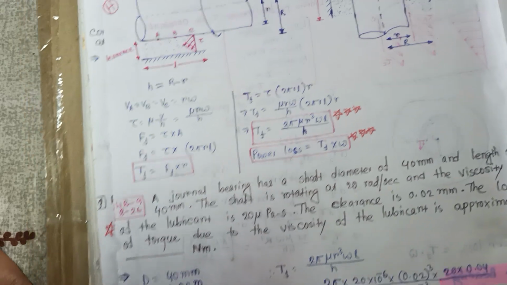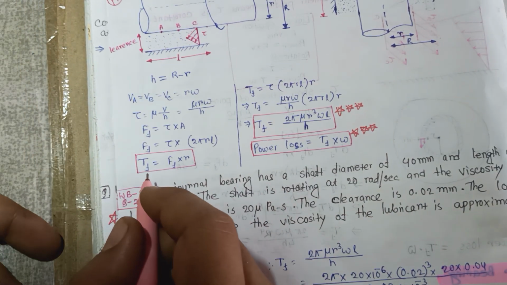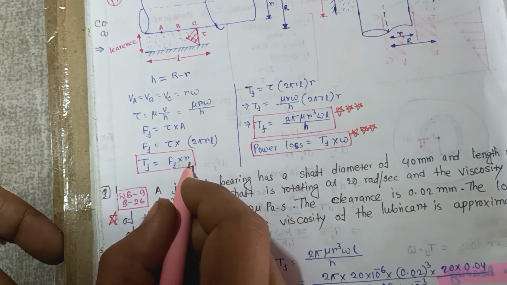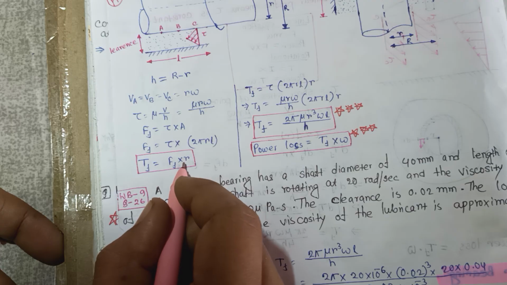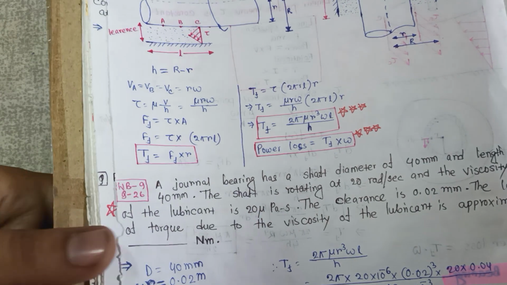If you want to calculate the torque, TF equal to F into R. Force into distance, we know that. So this is the torque.